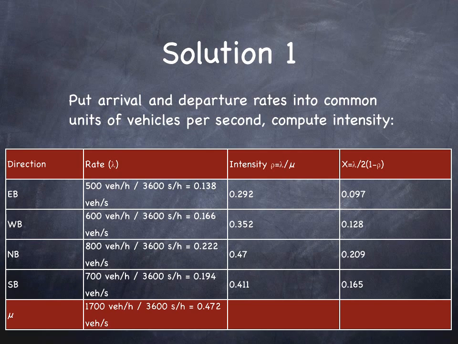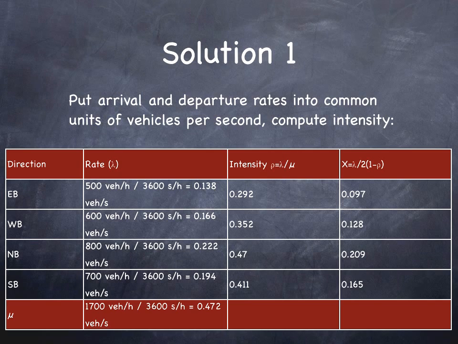The first thing we need to do is put arrival and departure rates into common units of vehicles per second, and then compute intensity. The rate, or lambda, for each movement is the number of vehicles on that movement per hour divided by the 3,600 seconds per hour. In the case of the eastbound movement, this gives us 0.138 vehicles per second. You can see the values for the other movements.